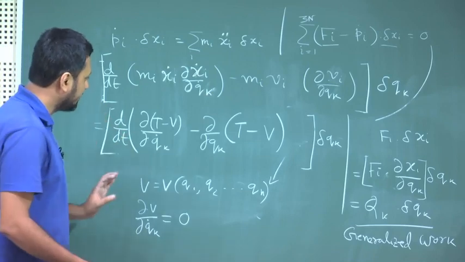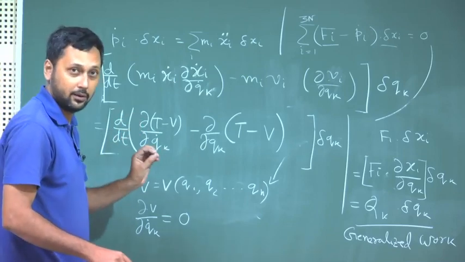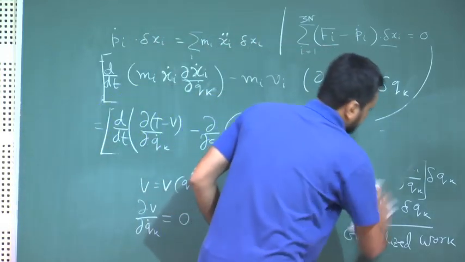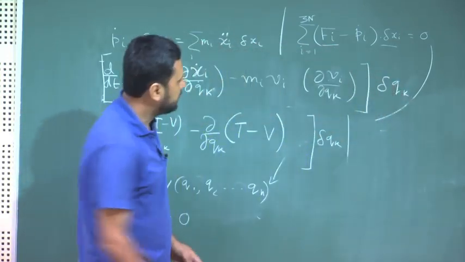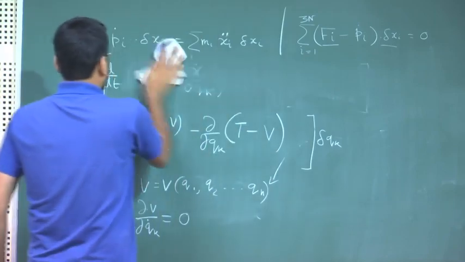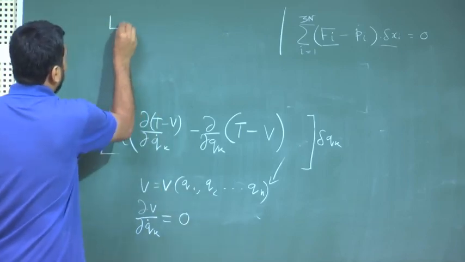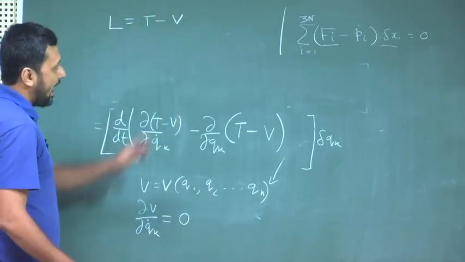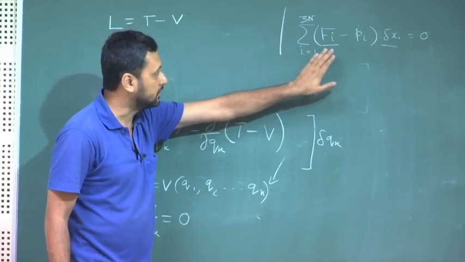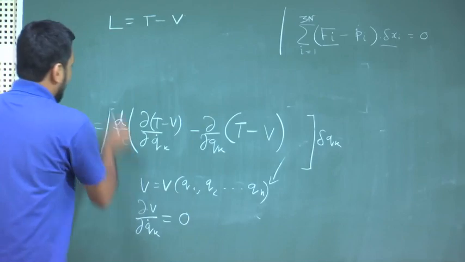But if we do that, we see what we get here. We are not losing anything, but we are gaining, because we can define a new quantity L, which is T minus V. The equation we wrote in terms of Cartesian coordinates, which is the D'Alembert's principle, now has a particular form.